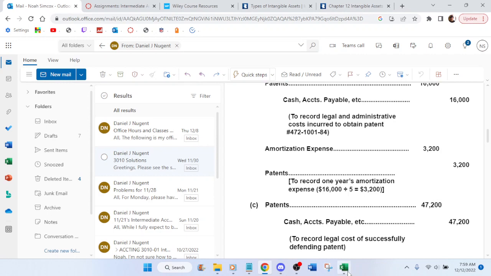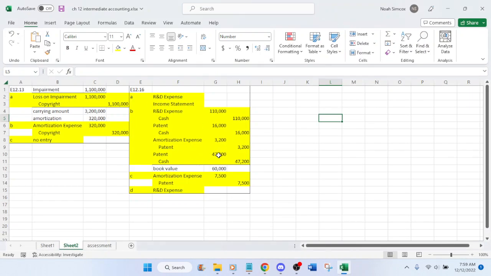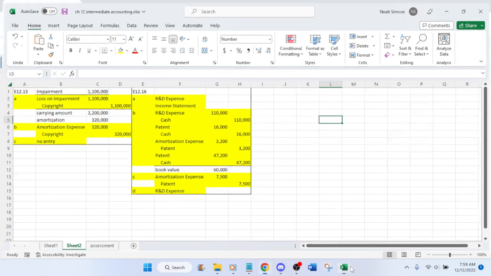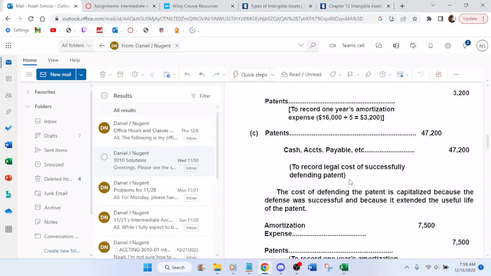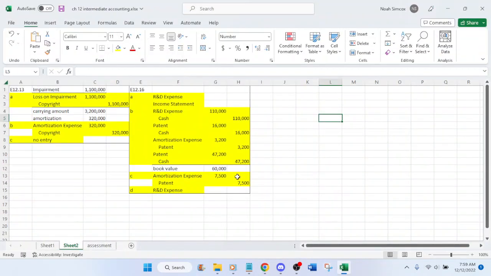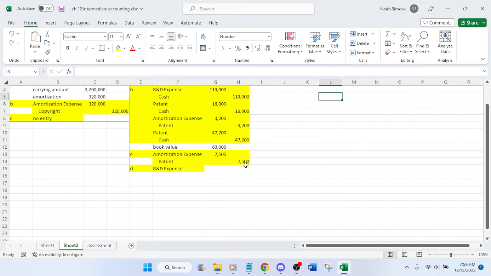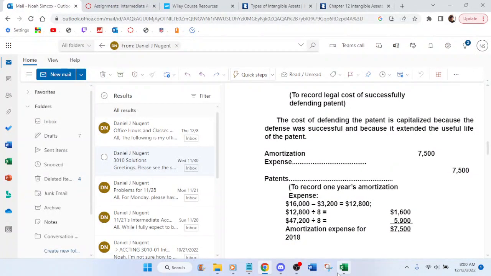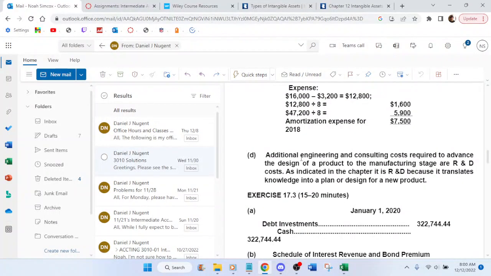Okay, and C is patent. Well, apparently it's patents, plural. But anyways, patents 47,200, cash 47,200. Looks like I did that part right. And then we have amortization expense 7,500, patents 7,500. D, R&D expense.